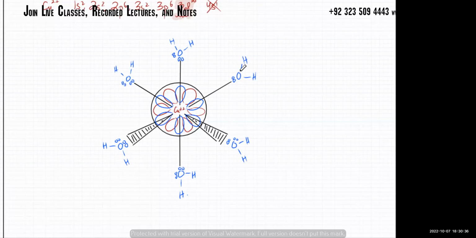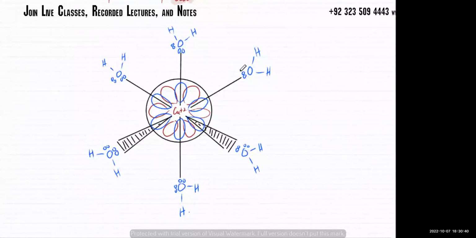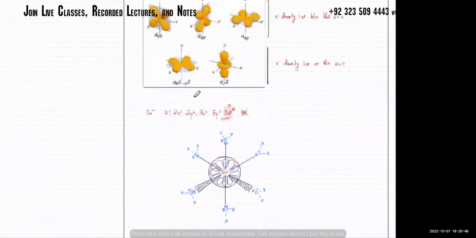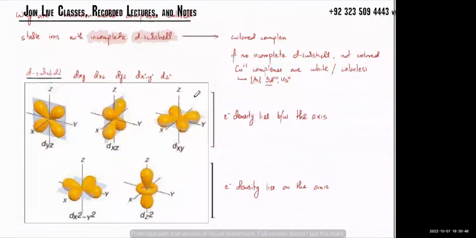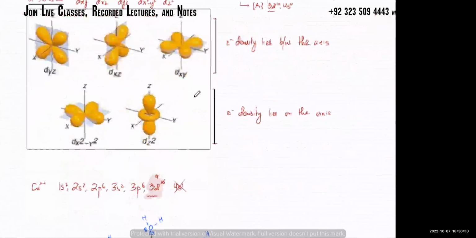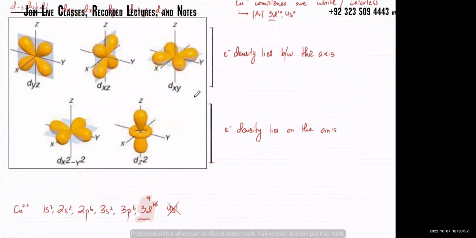Achha, now what will happen is, when this happens, the D subshell that you had earlier was degenerate. Degenerate means that they're identical. They have the same energy levels. I mean, the D subshell initially is degenerate.